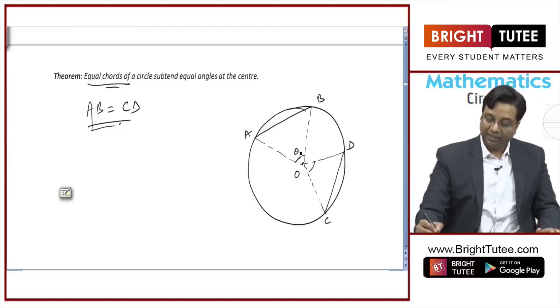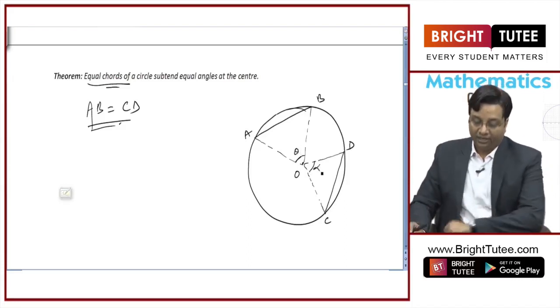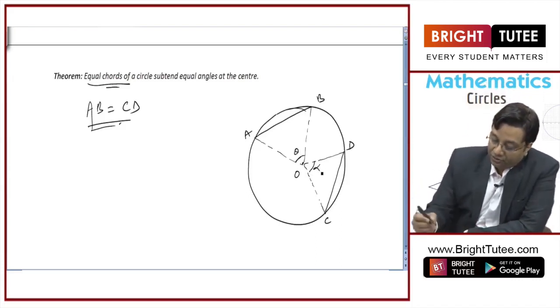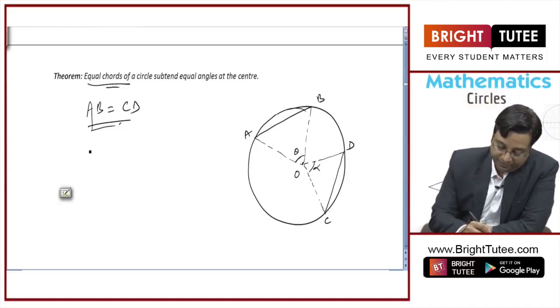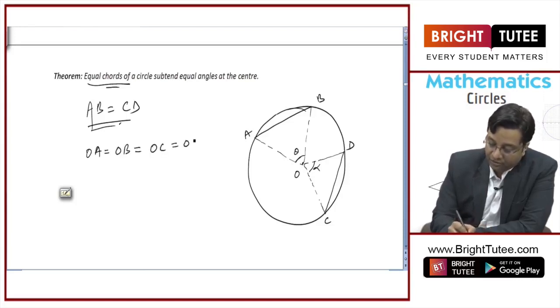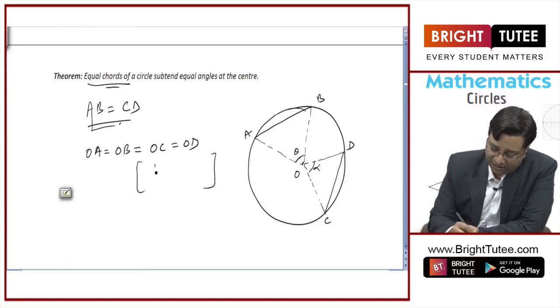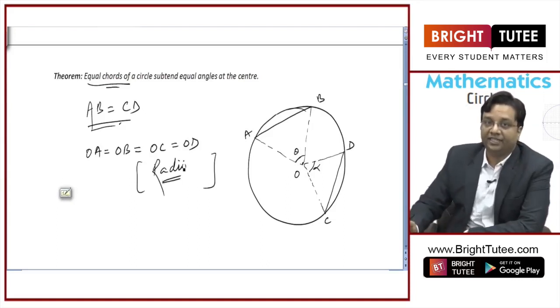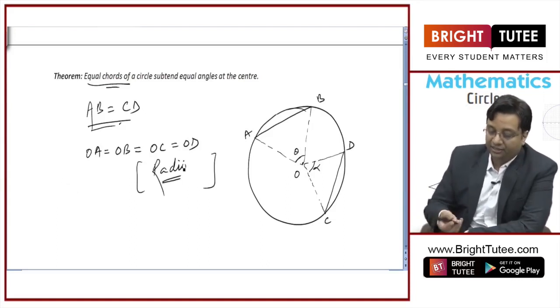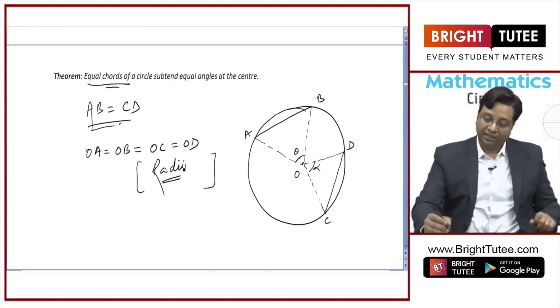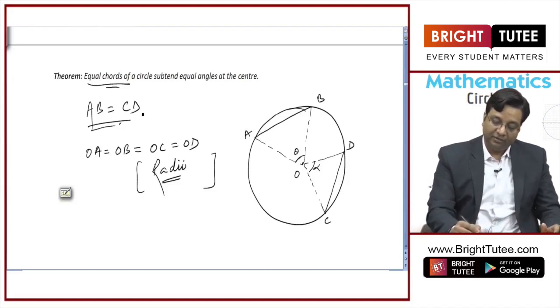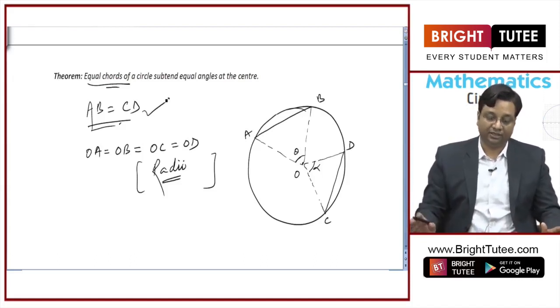Let it be theta and alpha. Notice that OA is equal to OB is equal to OC is equal to OD. Can you give me the reason? Because all of these are radii of this circle, hence they are equal. And AB is already equal to CD because it is given.